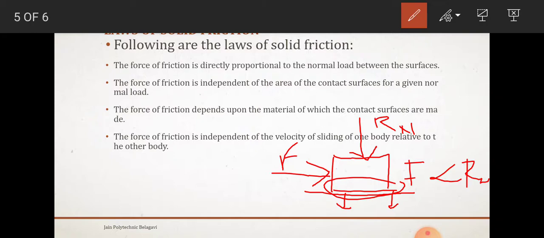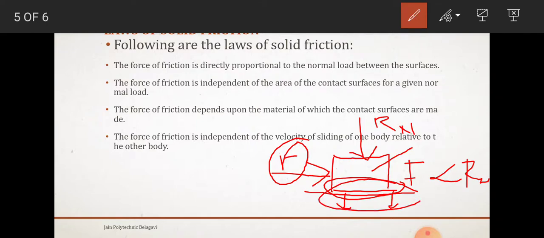This is the difference. Next, the force of friction is independent of the velocity of sliding of one body relative to the other body. The force of friction is independent of the velocity. What is this velocity? It is the relative velocity between this part and this surface.